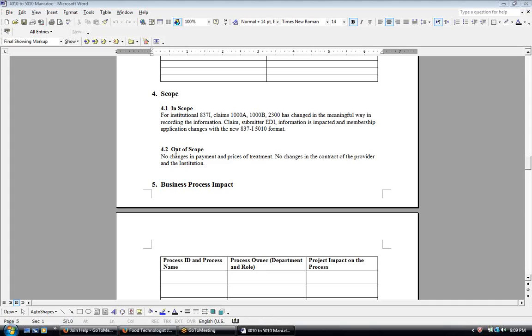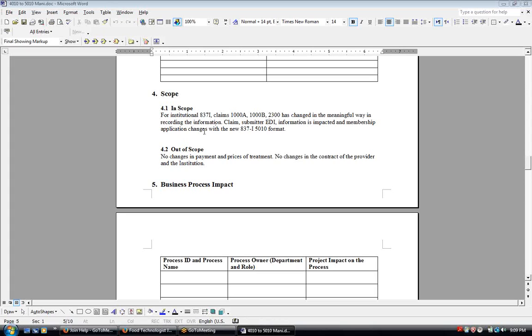So what I did was in scope and out of scope. Out of scope is something that would not be in account to what our work is right now, and in scope is something that would directly be affected by what our work is right now. So for institutional 837I claims, I was doing the 1000A and 1000B, and I was about to do the 2300 as well, but I did not get that far.